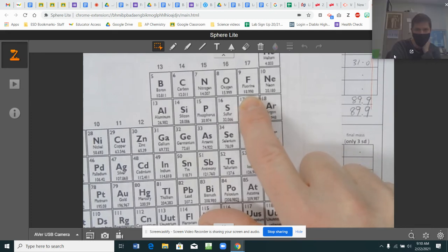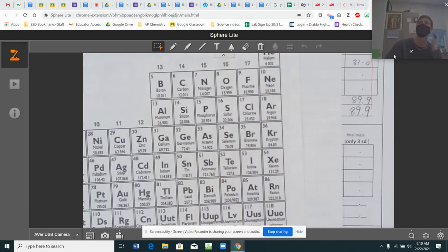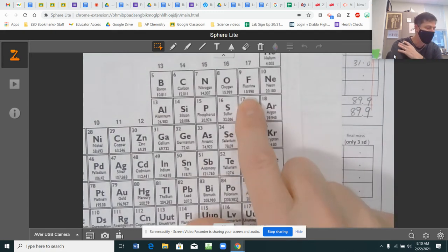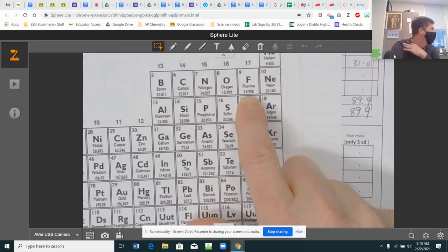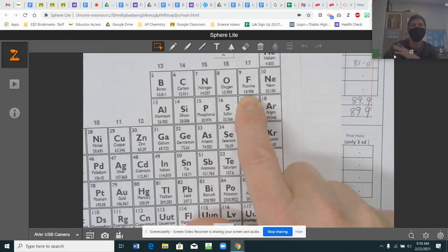I'll adjust this one. Fluorine is, you can't even see it, so let me unfreeze it. Okay. Fluorine is 18.998, and then there's more beyond that. Fluorine is 18.998. So I'm going to have to send out new periodic tables.